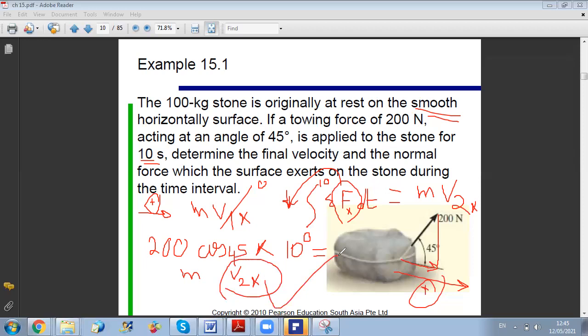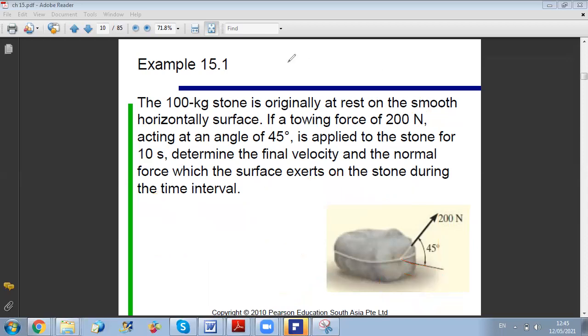Now here, if you use the impulse and momentum in y direction, what is it equivalent to? What happens if we apply the impulse and momentum in y? Look, let us apply it in y direction. Okay? In y, no motion.